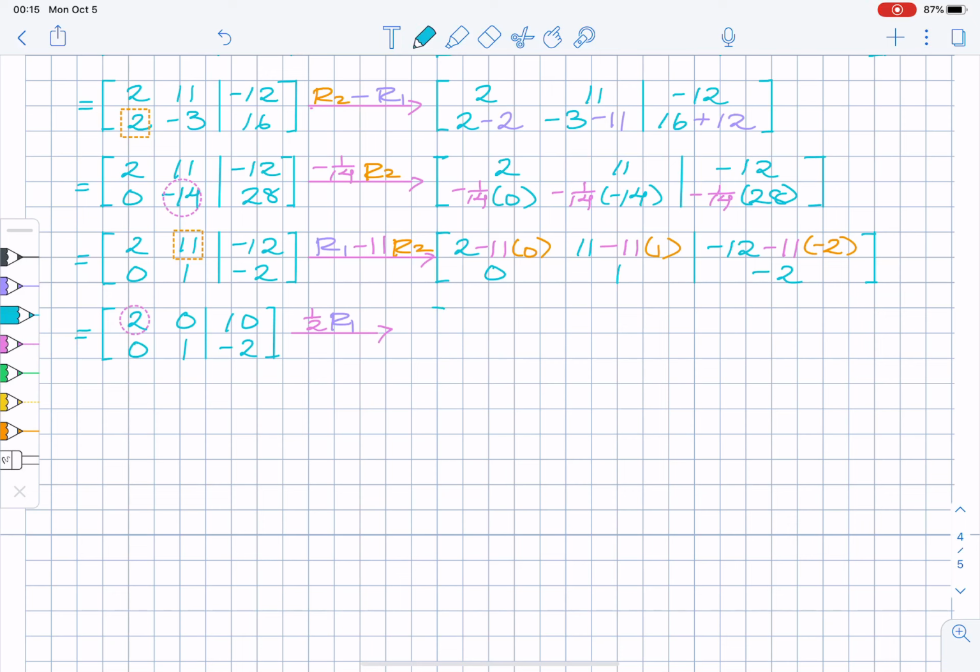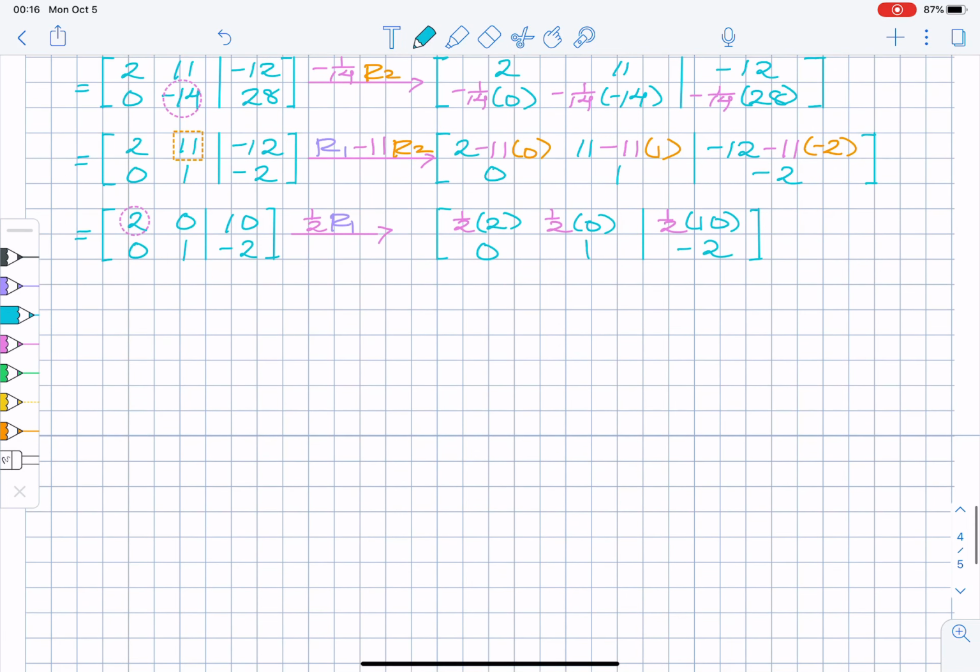So if I take 1/2 of row 1, this will give me 1/2 times 2, 1/2 times 0, augment, 1/2 times 10. So 0, 1, negative 2.